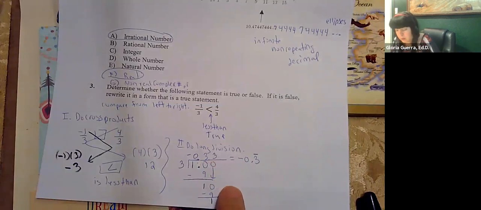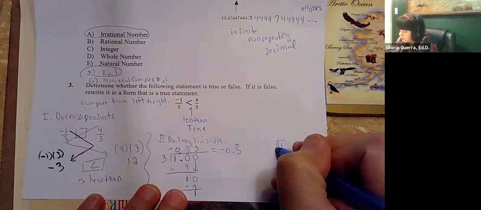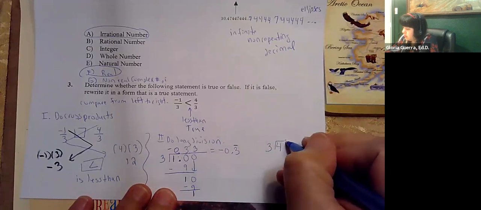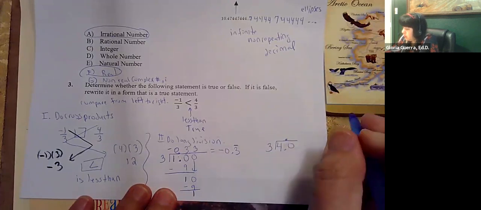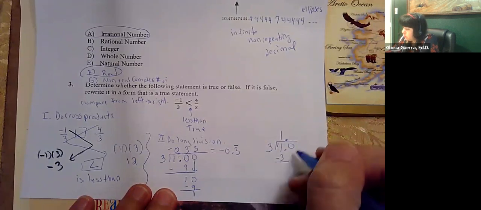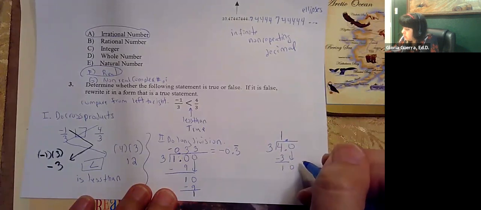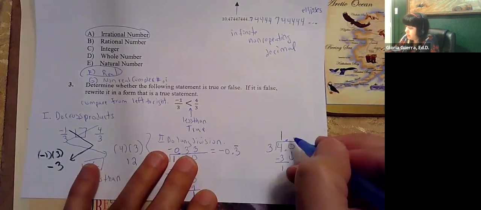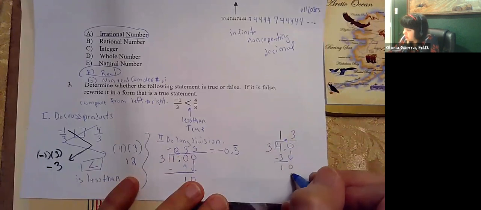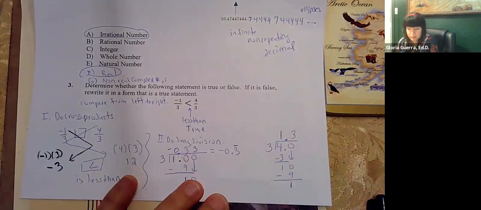Okay. And then if we do long division on the other side, 4 divided by 3, the numerator goes inside the house, then add a 0, pull up your decimal. So 3 goes into 4 one time. 3 times 1 is 3. 4 minus 3 is 1. Then bring down 0. 3 goes into 10 about 3 times. 3 times 3 is 9. And 10 minus 9 is 1. Okay.